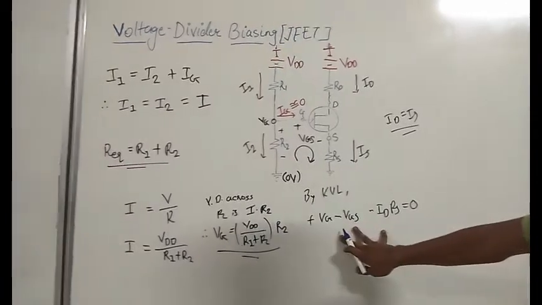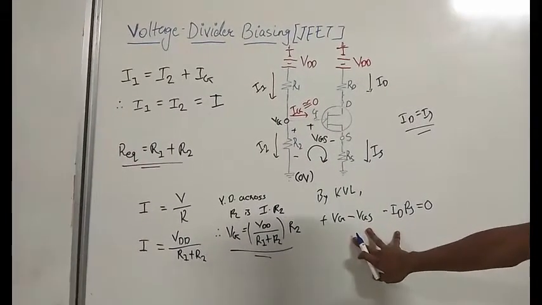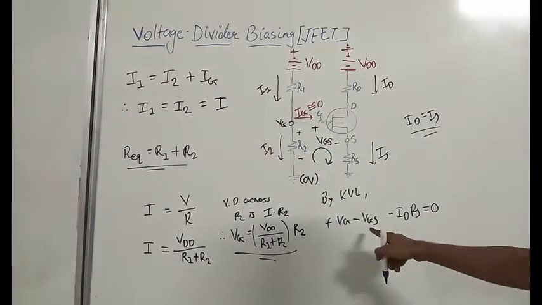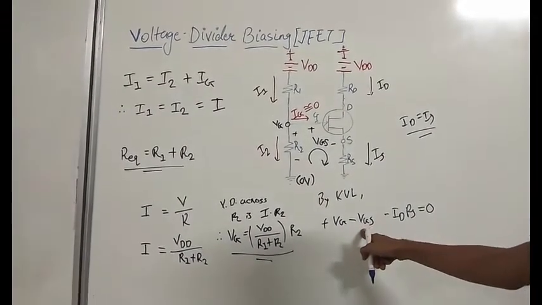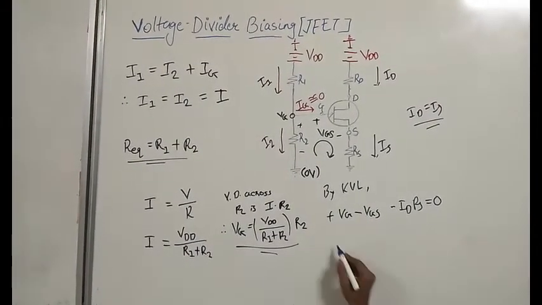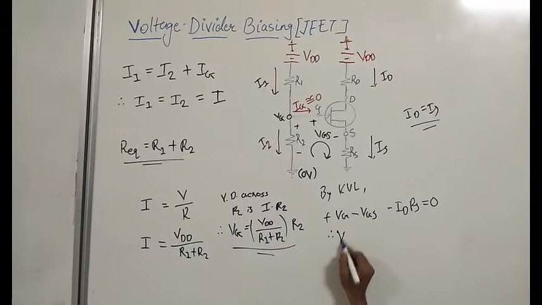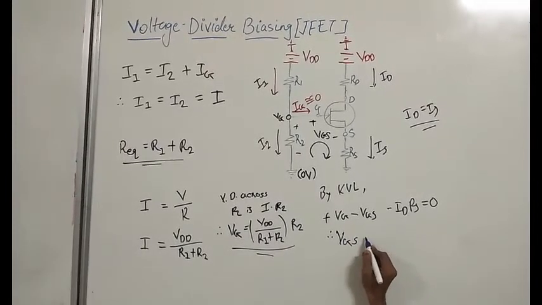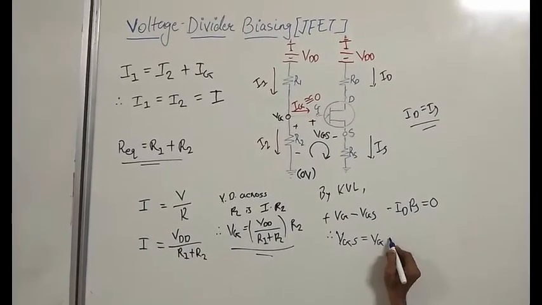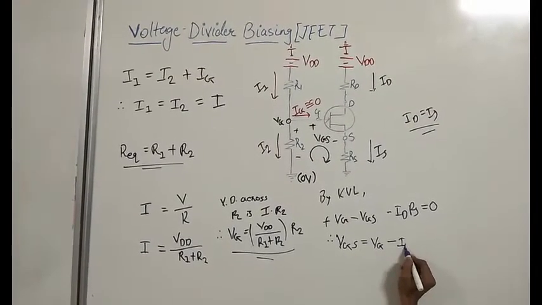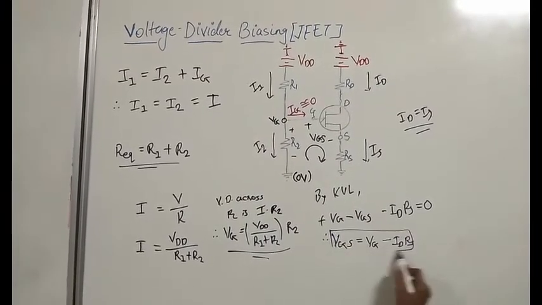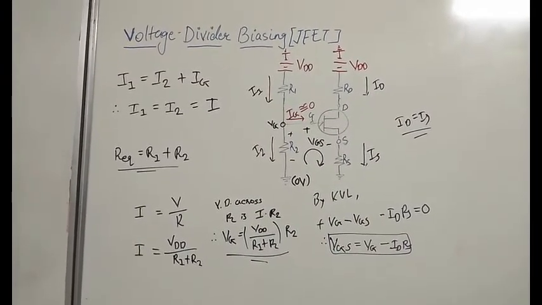So from this equation we can find out the input voltage drop VGS. Making VGS the subject, VGS equals VG minus ID RS. This is the input voltage drop for JFET.